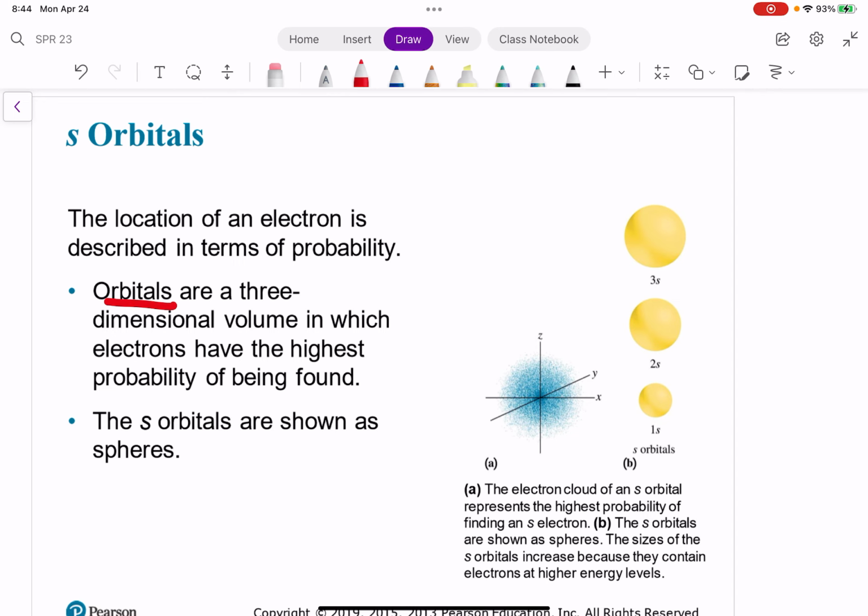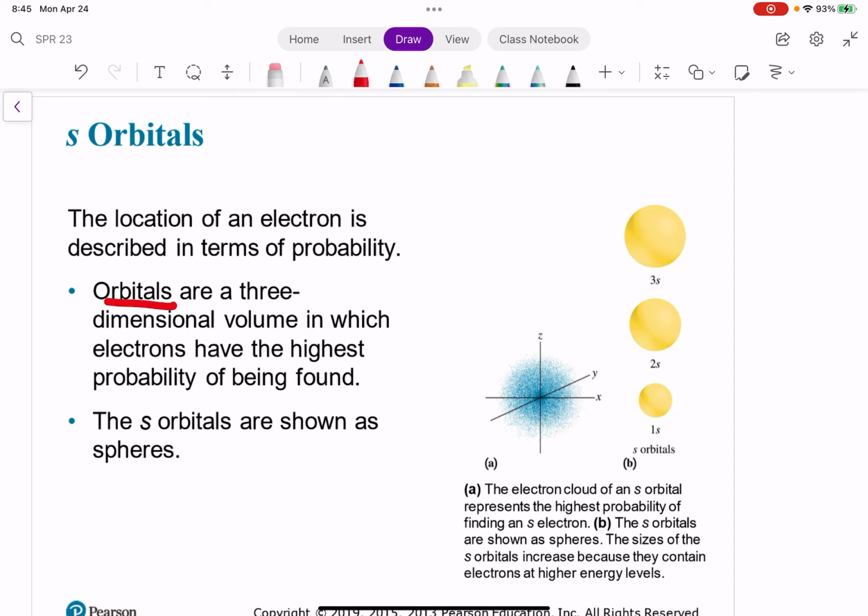Your book talks about the orbital with an analogy. When you're sitting in your chemistry classroom, there's a high probability of finding you within like a 100-meter radius around your chemistry classroom. But at any moment, you might be doing other things. Maybe you went to the bathroom. Maybe you weren't there that day and you were outside of that radius.